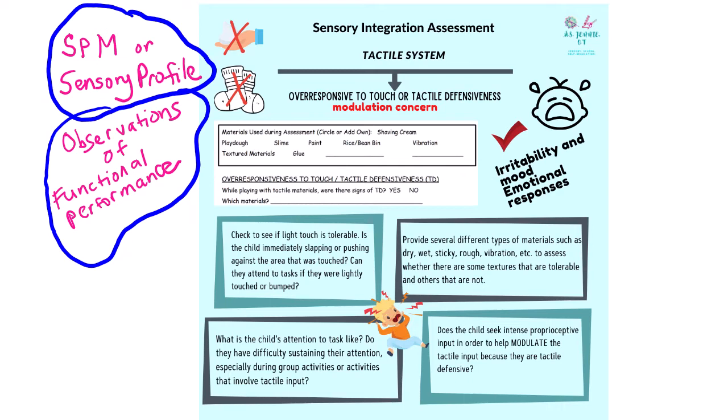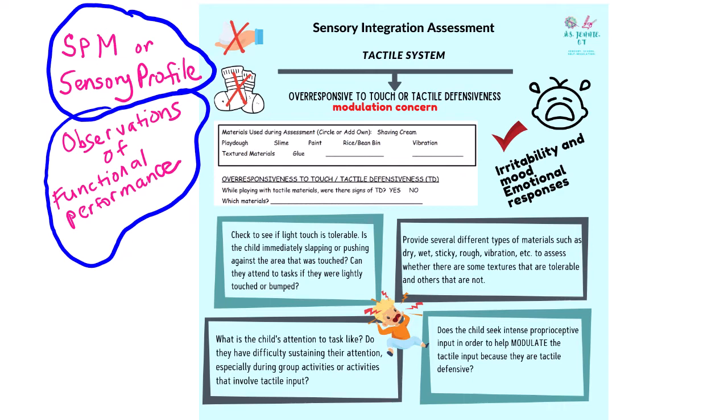Especially if you're assessing the tactile system, you really need to see how they're interacting around other people in the classroom, and get an idea of what they're able to do during recess, what they're doing during circle time, how they're doing with things like art projects, or just sitting in the classroom during circle time or at their desk.